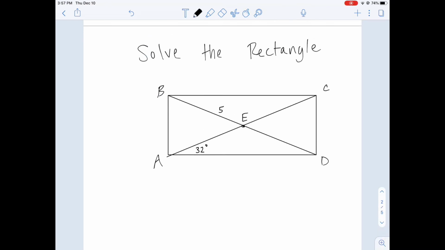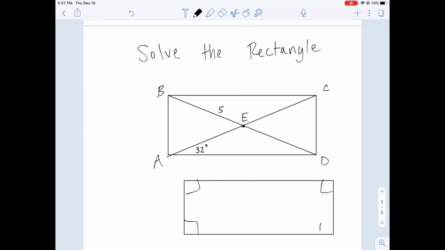Next, we've got a rectangle. Well, draw the dang thing. Four right angles. Opposite sides congruent. Diagonals congruent. And I don't know, let's make this 13 and this 12.